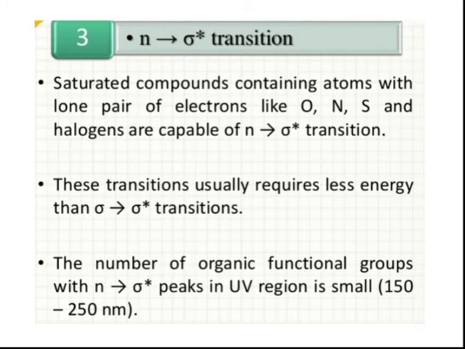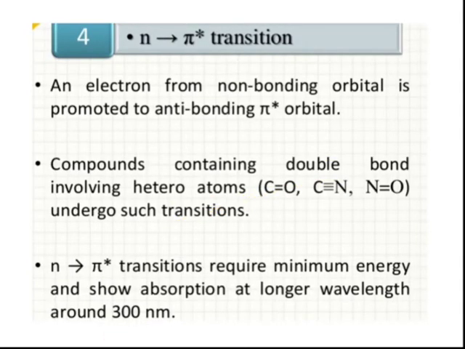These transitions usually require less energy than sigma to sigma star transitions. A number of organic functional groups which contain oxygen, nitrogen and sulfur show such types of transitions, and the peak is observed in the ultraviolet region at 150 to 250 nanometer.